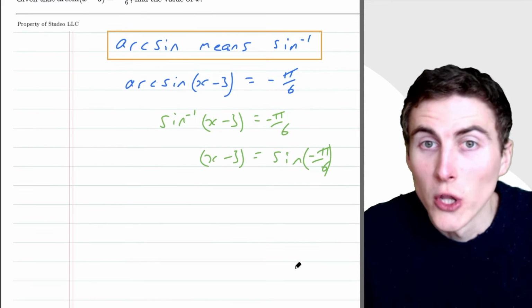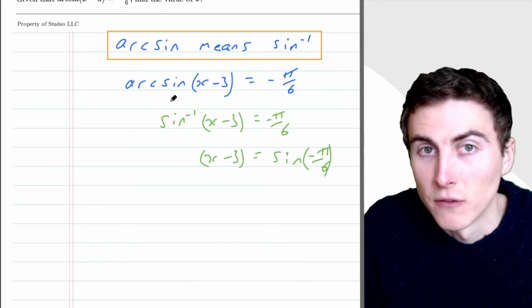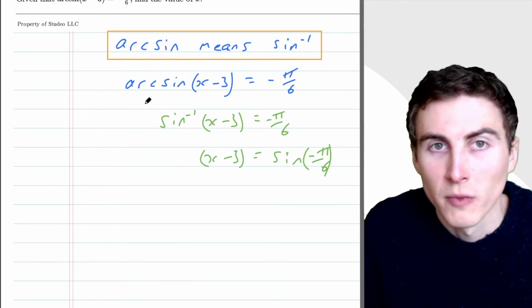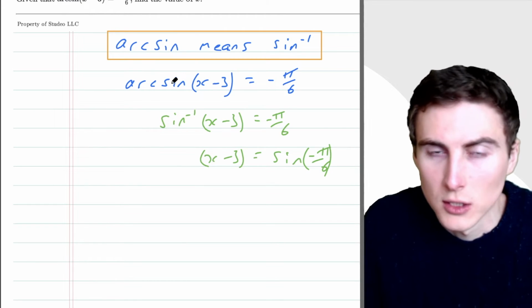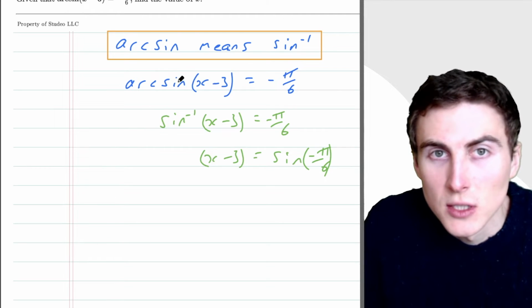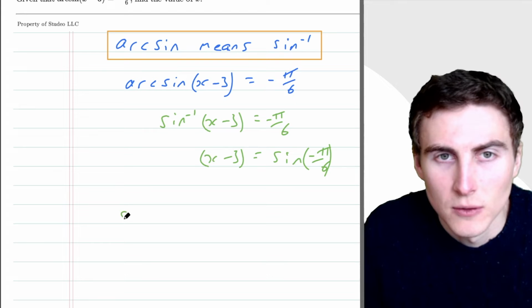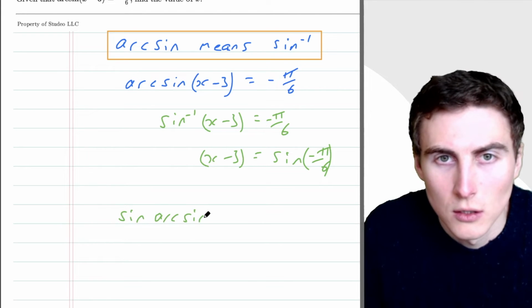I want to show you another way that some people think about it. Instead of thinking of this as a sine to the -1, we can just think of arcsine. We know it's the inverse of sine. And so what we could do is sine this side and sine this side. So on the left, I sine the arcsine of x minus 3.